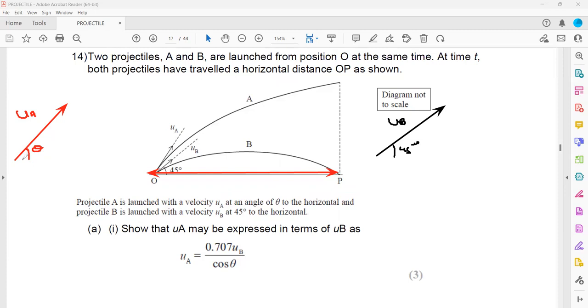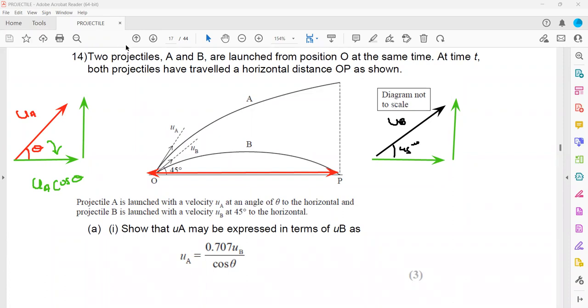So what will the expression be for the range of UA, like the horizontal distance for UA? It will have two components. One component is with the angle, another component is against the angle. Same thing for UB, one component with the angle and another against the angle. The horizontal component, which is next to the angle, is UA cos theta.